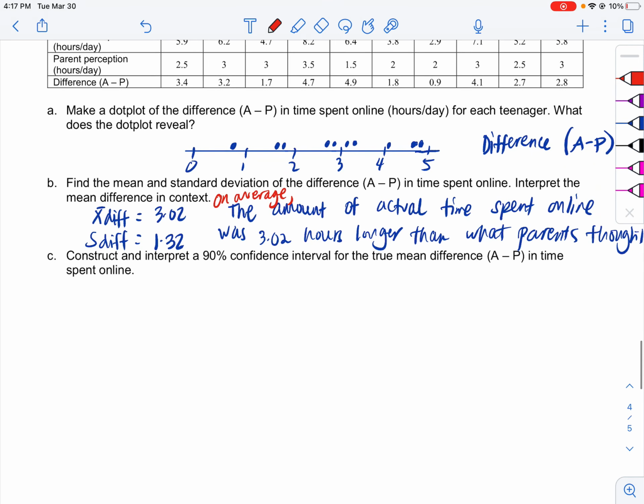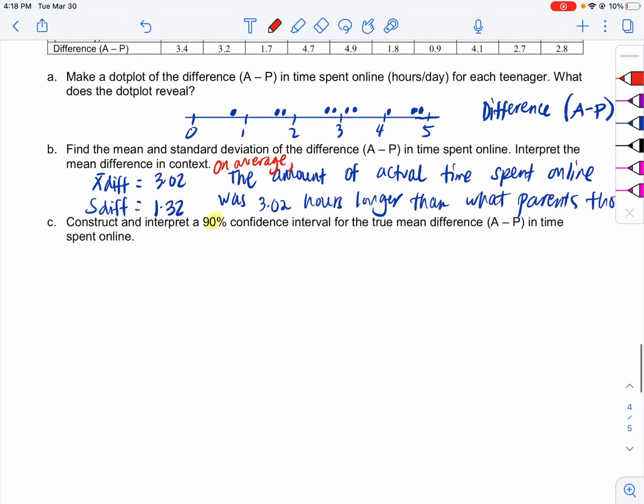What do we have here? Construct and interpret a 90% confidence interval. So we're going to do all of this state, plan, do, and conclude thing. Let's start with stating the problem.